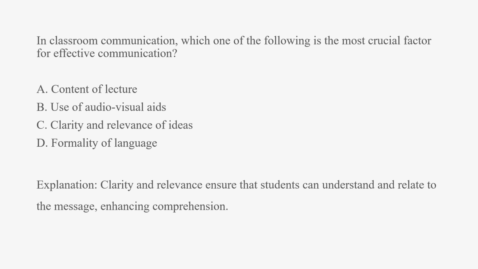Next question: in classroom communication, which one of the following is the most crucial factor for effective communication? The options are content of a lecture, use of audio-visual aids, clarity and relevance of ideas, formality of language.